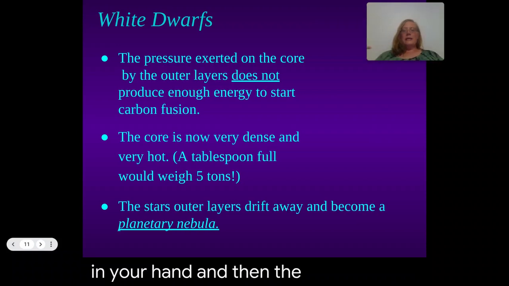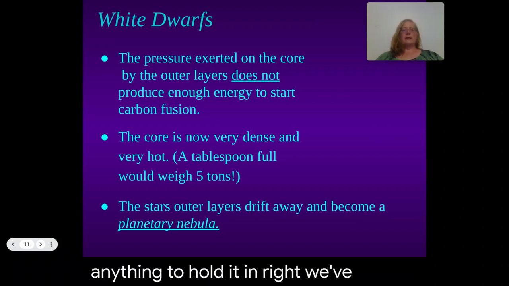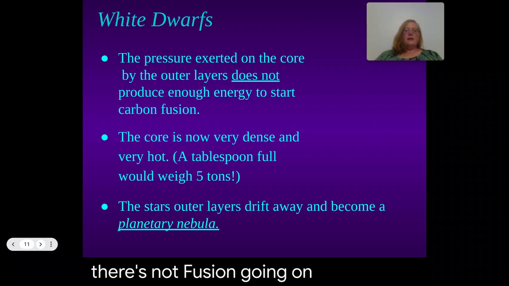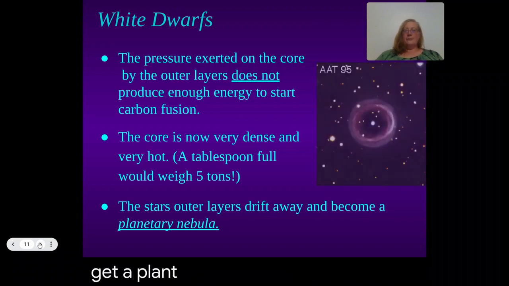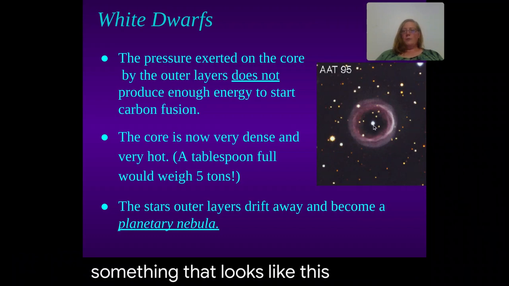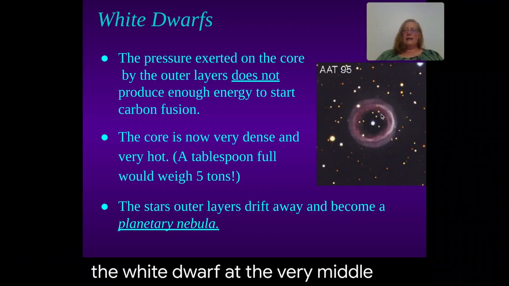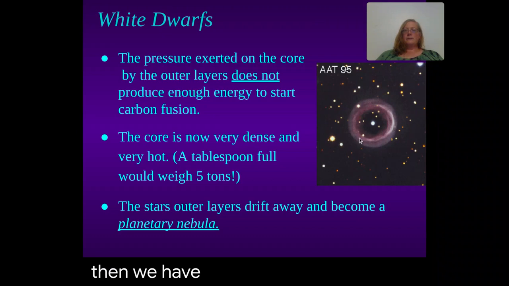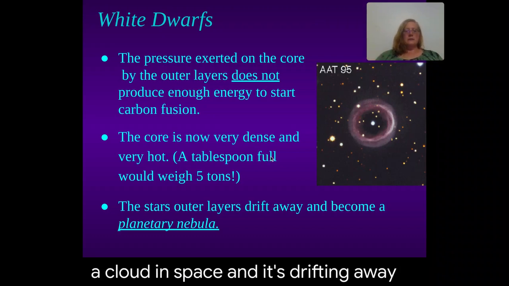And then the outer layers now drift away because there's not anything to hold them in, right? There's no fusion going on. So then we get a planetary nebula. We get something that looks like this. We have the white dwarf at the very middle, and then we have the nebula, remember, just a cloud in space, and it's drifting away.